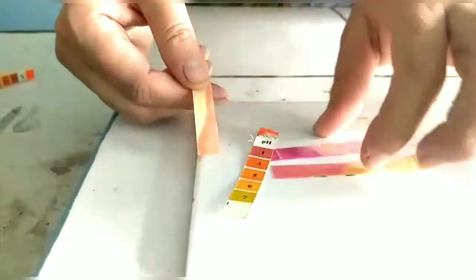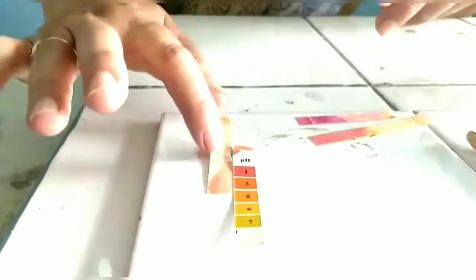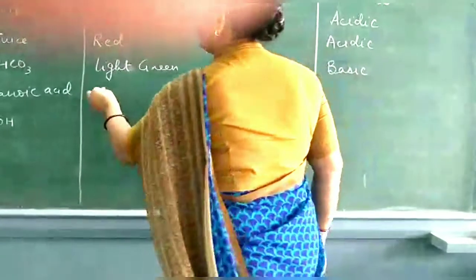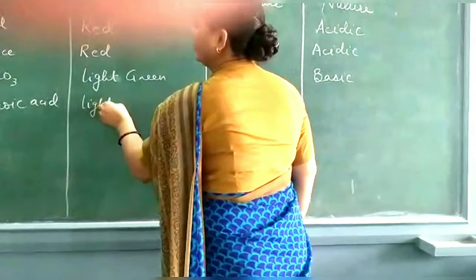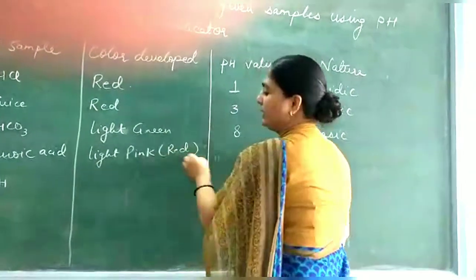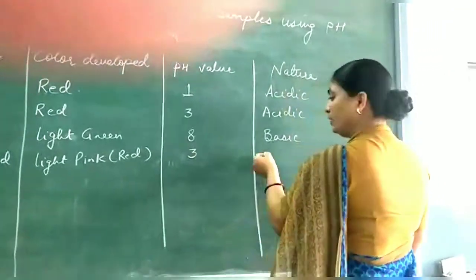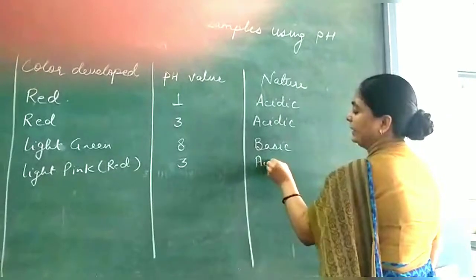You can see that. मैं ये पुराने पेपर्स हटा देती हूँ so that you can easily compare. It matches with pH 3. So I'll write for dilute ethanoic acid, it is light pink, nearly red, and it matches with pH 3. Okay, and thus it is acidic in nature.